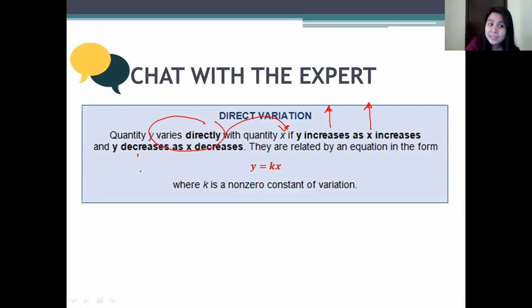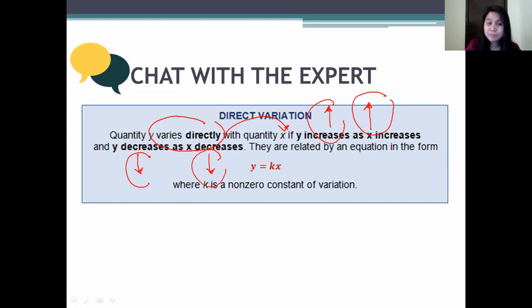If y decreases, then x decreases. So you see the arrows are the same. If one variable will increase, then the other variable will also increase. If one variable would decrease, then the other variable will also decrease.